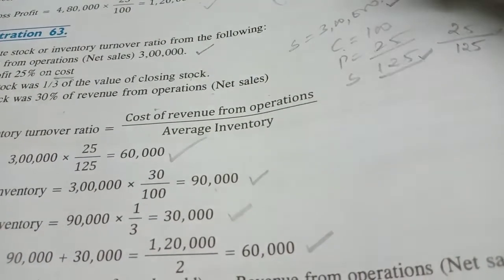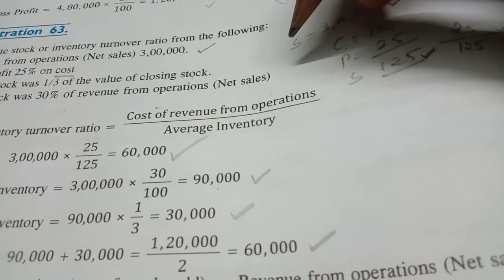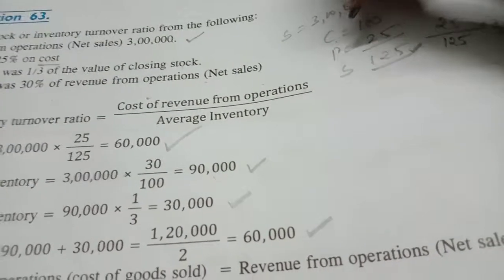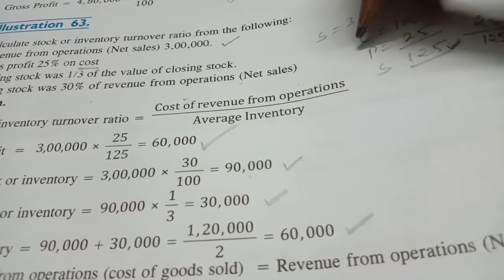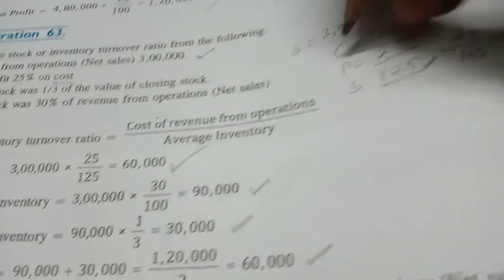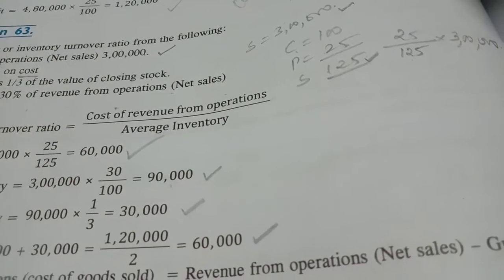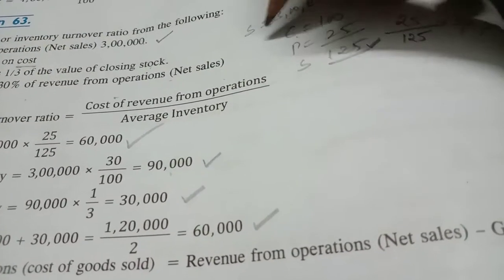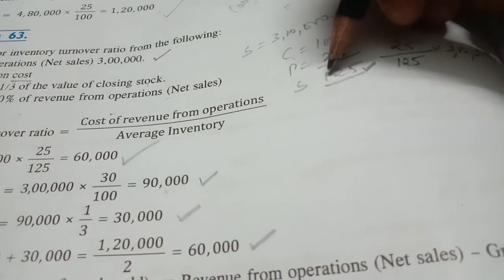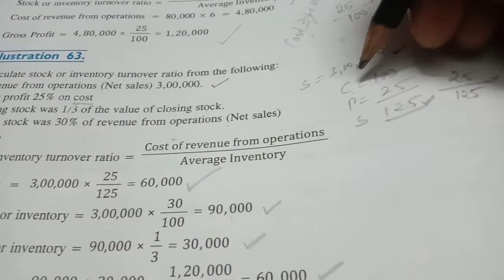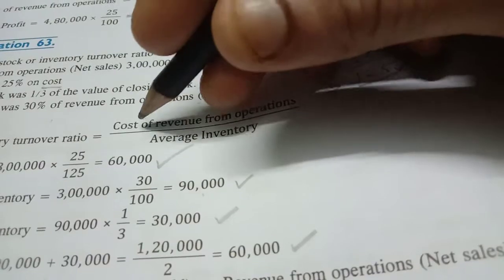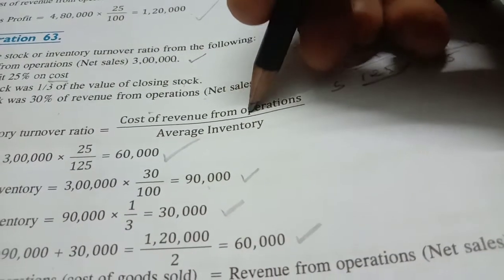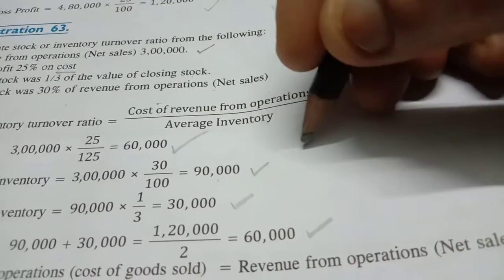So from this information we are going to find the amount of profit. We can calculate the profit. Because to calculate the cost of revenue from operations, what is the formula?